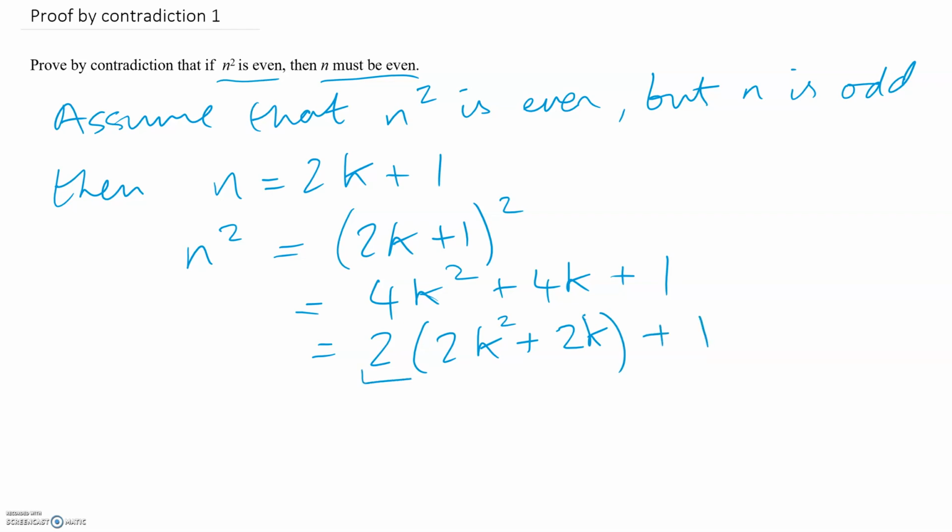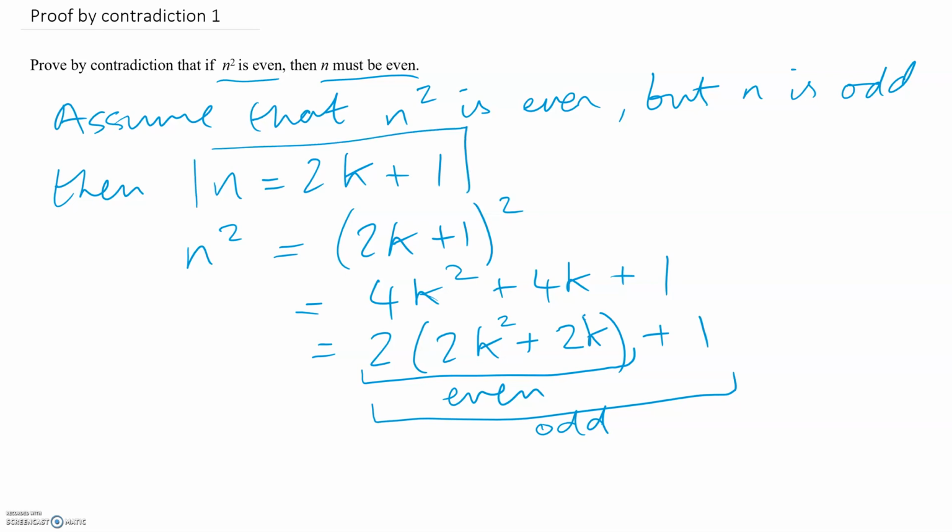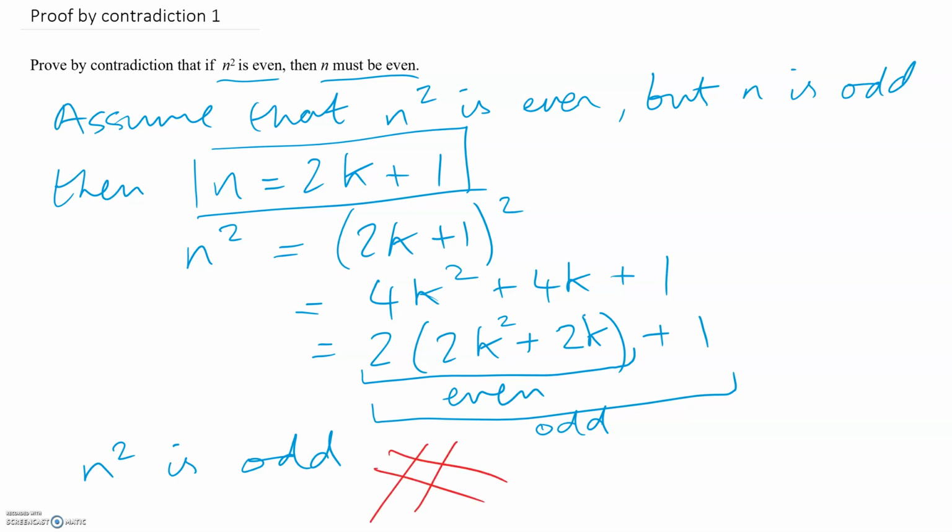So this is obviously even, and so when you add 1, this must be odd. So what we've just shown there is that if n is odd, n squared is odd as well. But that is a contradiction, so we can write a symbol there which means contradiction.